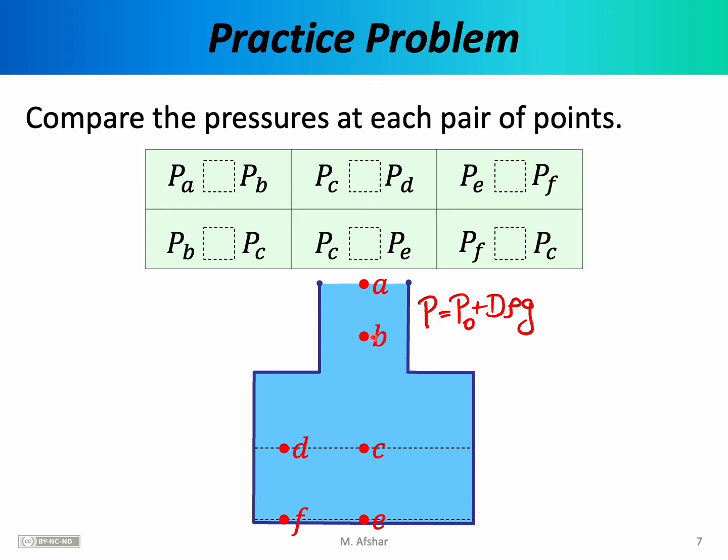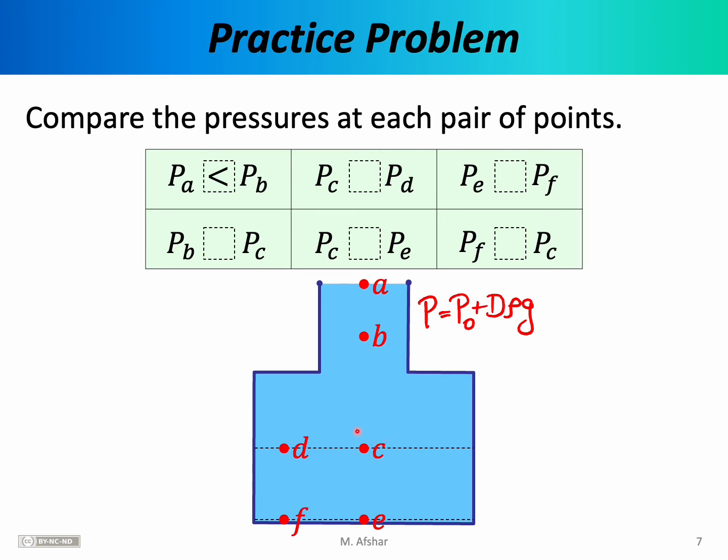B, of course, is at a greater depth, so its pressure must be greater than the pressure at point A. Molecules at point B have to support the weight of all the water above them. A molecule at point A does not have that burden. So it should be pretty clear that the pressure at B is greater than the pressure at A. What about points B and C?